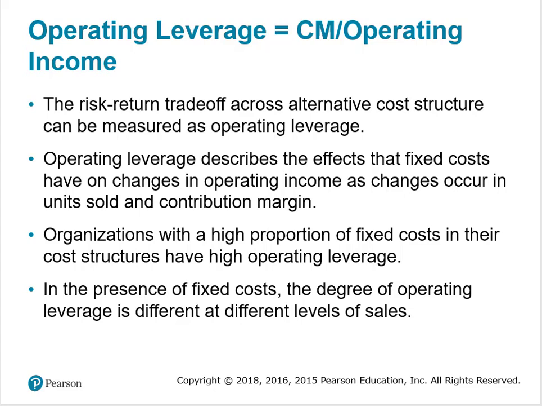And once that fixed cost is covered, then it's all profit. It's helpful at this point to remember what fixed costs are and how they behave. They are costs that do not change in the short run with the level of sales. The costs will exist regardless of the sales level within the relevant range.